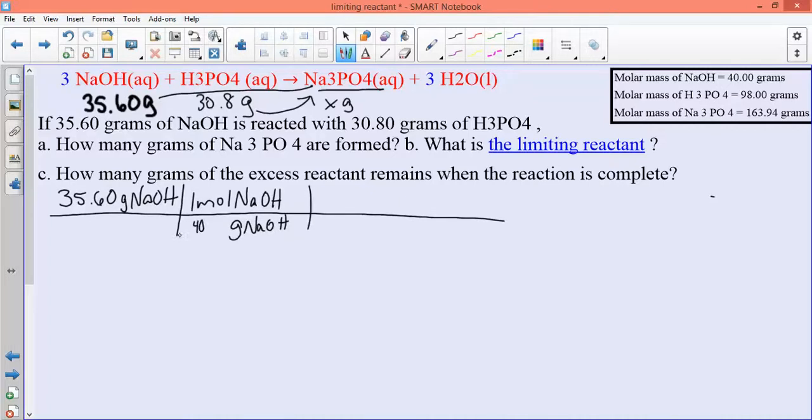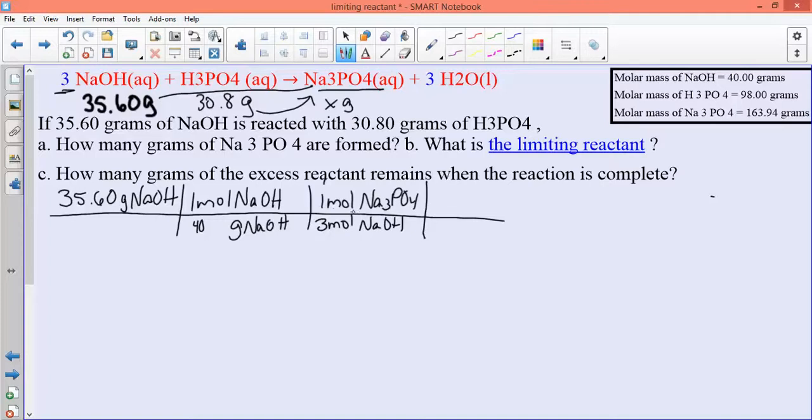This number comes from the periodic table. Then I need to do the mole ratio step, and it is 1 mole of sodium phosphate to 3 moles of sodium hydroxide. This step takes me from one substance to another.